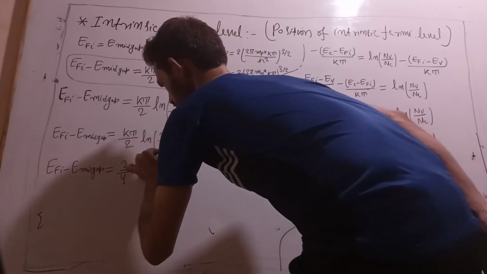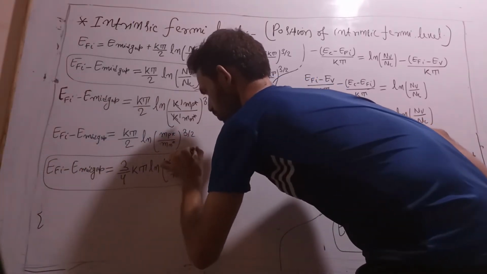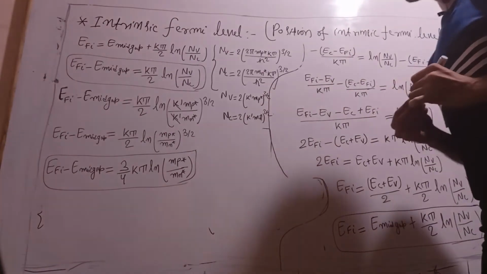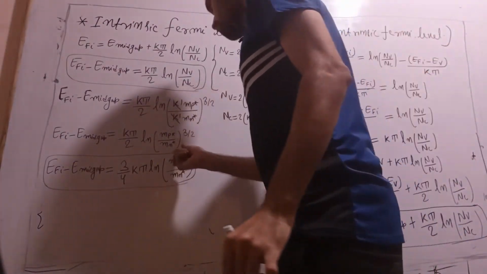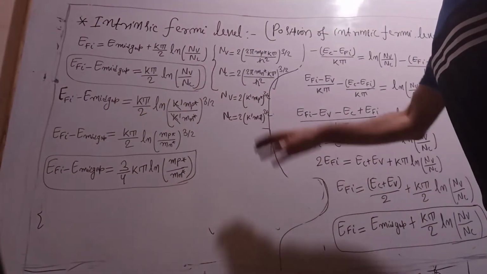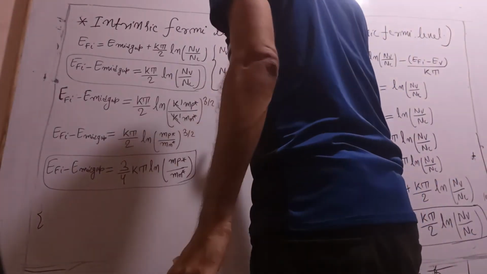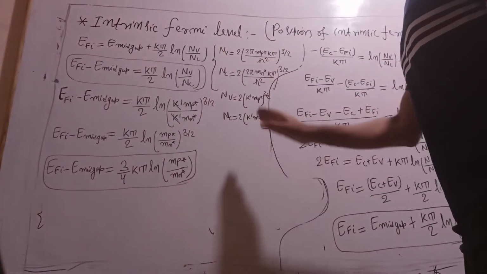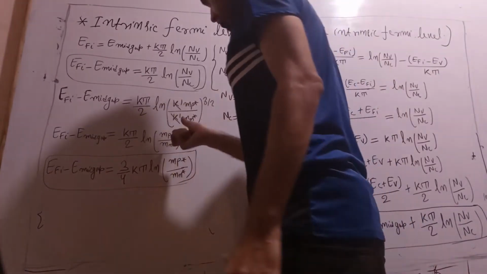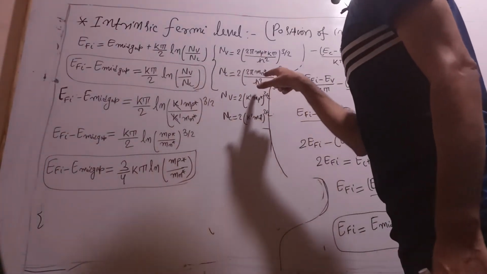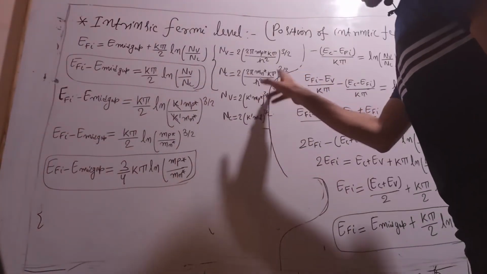Now this is our final position of the Fermi energy level, which depends on effective mass, because the density of state functions in conduction band and valence band depend on the effective mass of electron and hole.